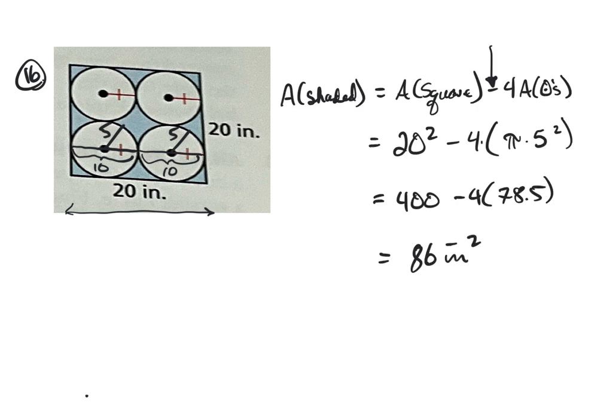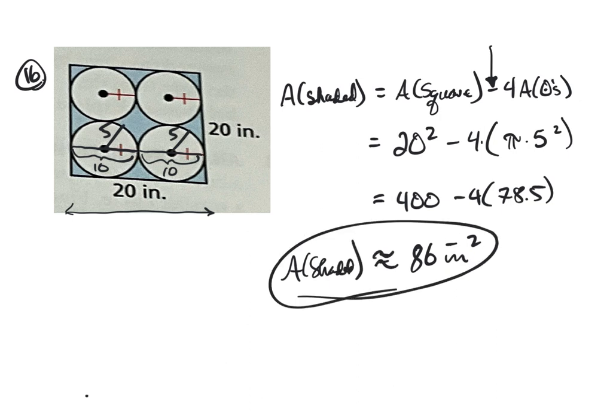And we're measuring in inches, so the area of the shaded region is approximately 86 square inches. Okay, so again, you start with the area of the big, remove what you want to toss out, and what's left over then is the blue shaded region.